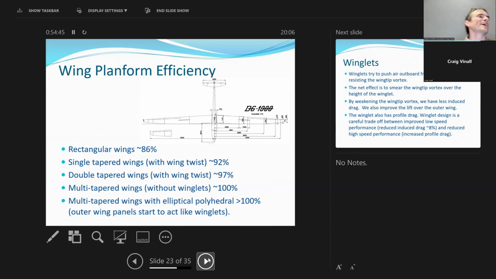It's not that you're getting perpetual motion out of your wing. People get a bit hung up on that. The same thing can happen when you start putting winglets on sailplanes. If you had a double tapered wing with the wing twist, you've got 97% efficiency. If you get an extra 7 or 8% efficiency out of having a winglet on the end of the sailplane, you're up to 104, 105% efficiency. Hooray, perpetual motion. It doesn't quite work like that.